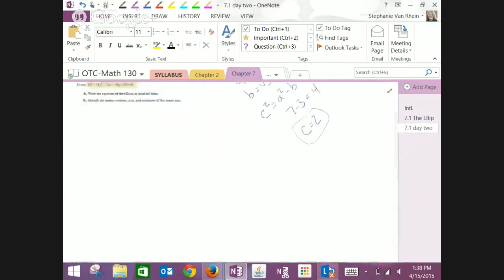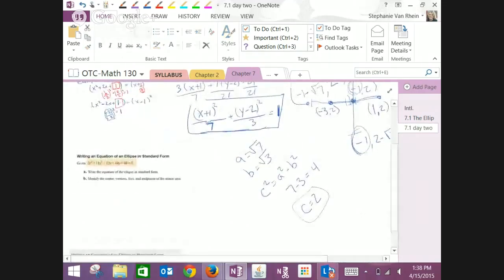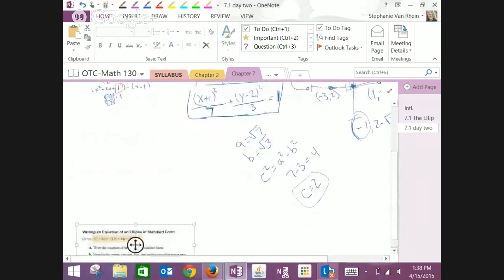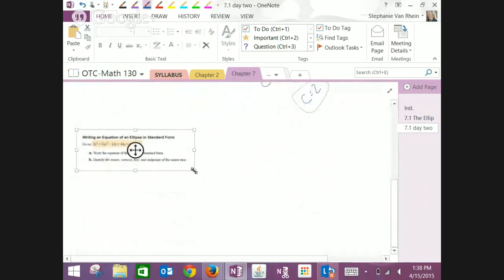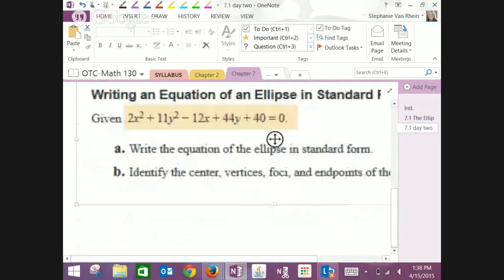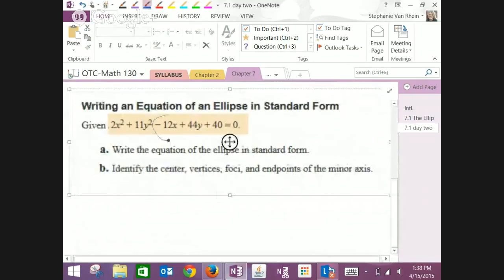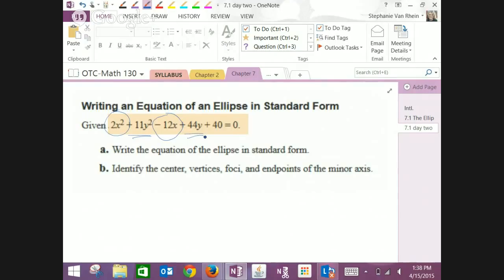Now you guys work on the next one. Last couple minutes of class here. First thing you want to do is group the x's, group the y's, and pull out the coefficient in front of the x squared and the coefficient in front of the y squared. Add that number in to make it a perfect square. Whatever you do to the left-hand side, you have to do to the right-hand side. Remember your coefficients out in front of the parentheses.